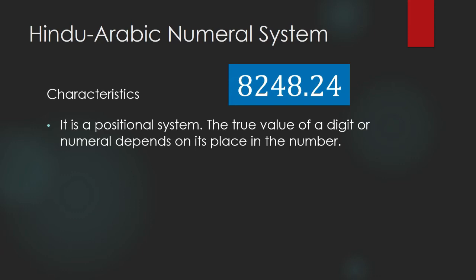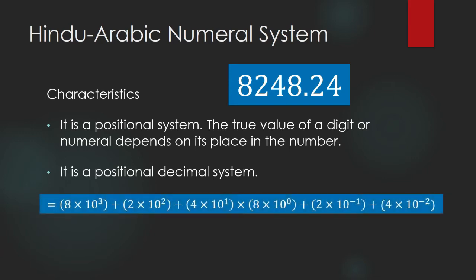It's the same with 4 and 2. The value of a number in the Hindu-Arabic numeral system depends on its place in the number. That's why we call it positional. Now, it is a decimal system because it's based on 10, or we say it is of base 10.